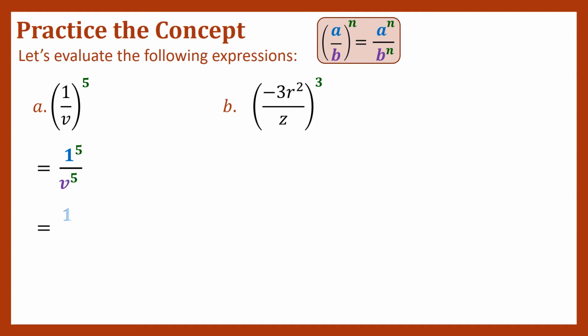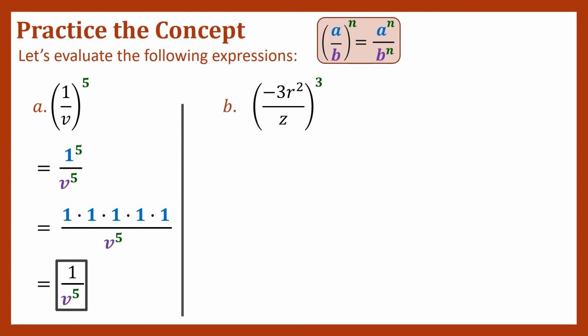This equals the repeated multiplication of 1 5 times divided by v raised to the power of 5, which equals 1 after multiplying the 1's together divided by v raised to the power of 5. And this is the result of the first expression.